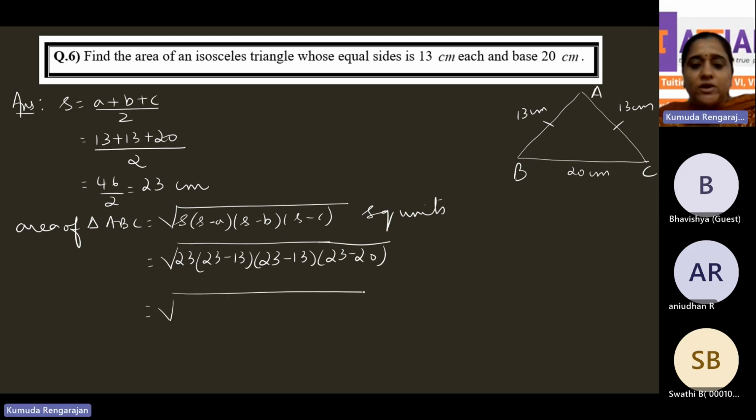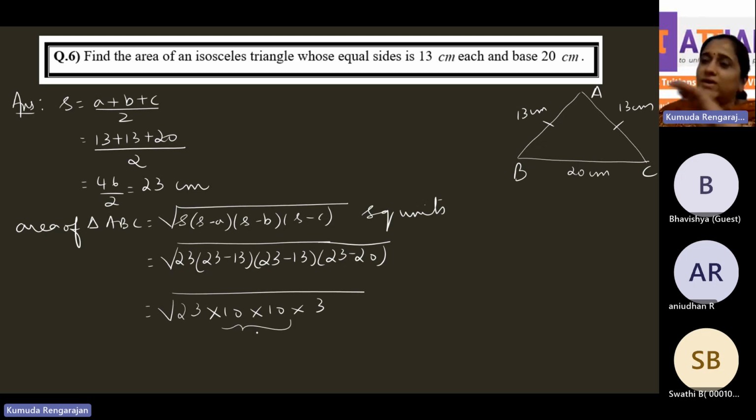Then what will you do? Will this 23 not come down as it is? Yes, it will come down as it is. Now you have not written this 23. Where does it go then? You can't say that in the next step you used it. You should write it here. Then what is the difference? 10. What is the difference? 10. And what's the difference? 3. You must say. Next, what is the step?